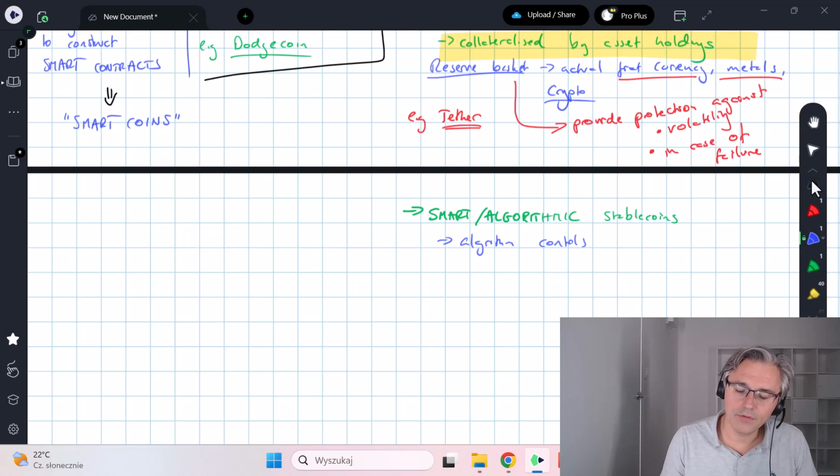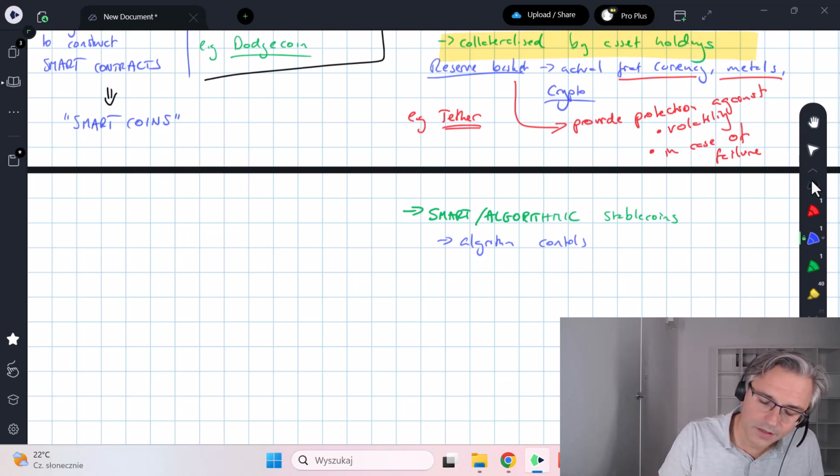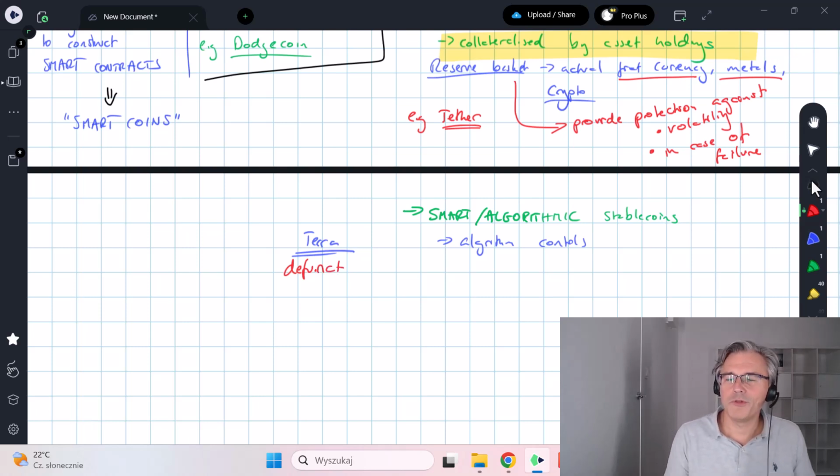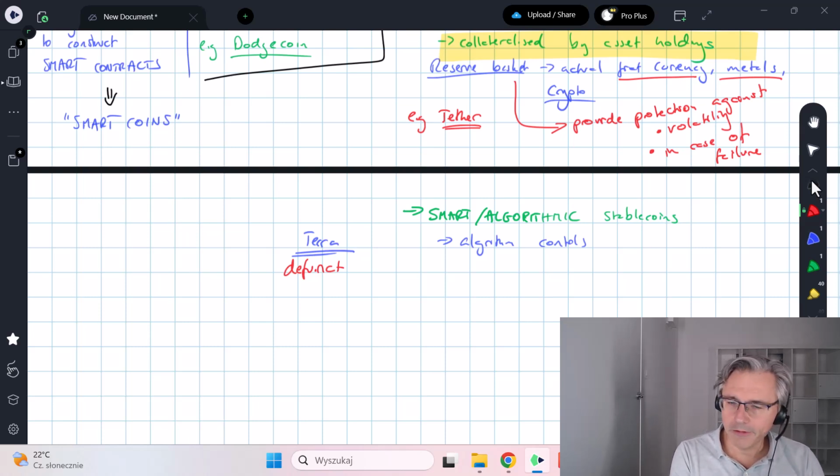A good example of this would have been something called Terra. Now this is already a defunct currency because it was pegged, I think, to the dollar. There was Terra USD, and they weren't able to maintain the peg, to be honest, and the whole thing is now defunct. It proved not to work ultimately.